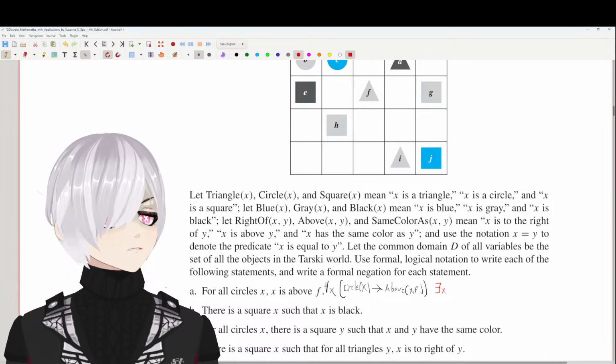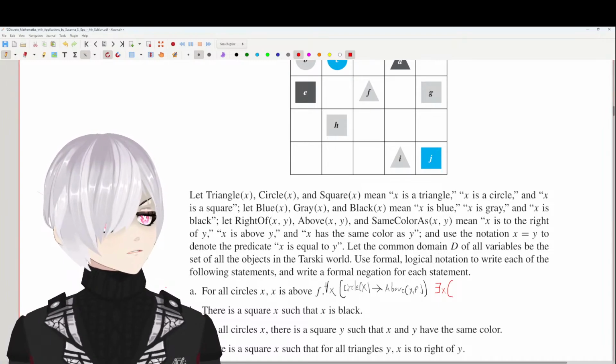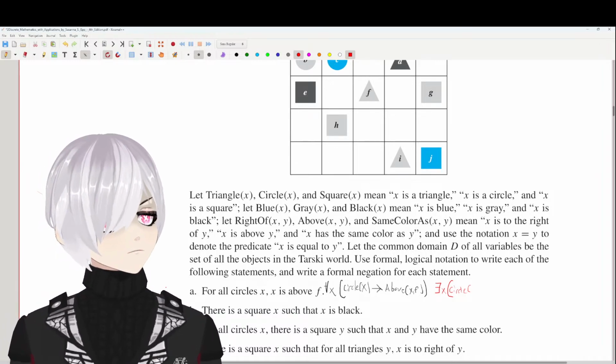there exists an x such that, and I know the negation of an if statement is whenever the hypothesis is true and the conclusion is false.